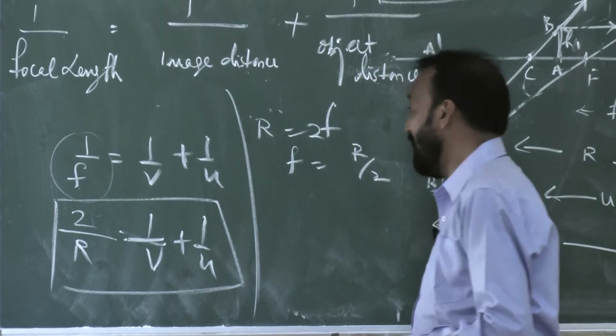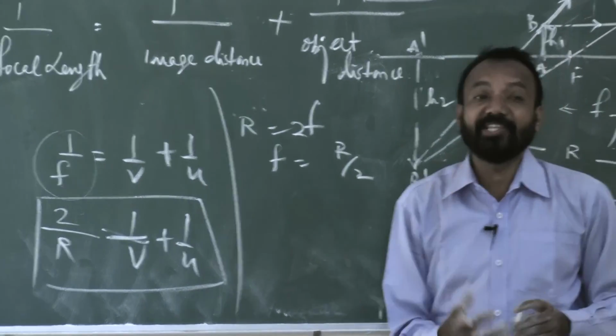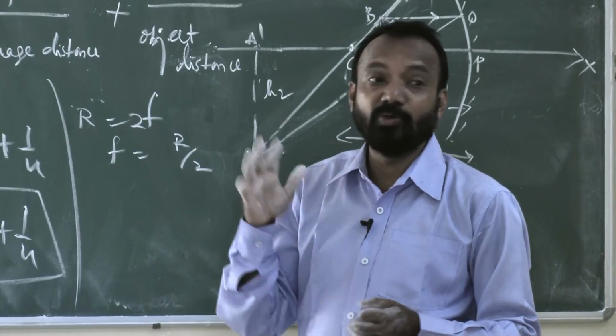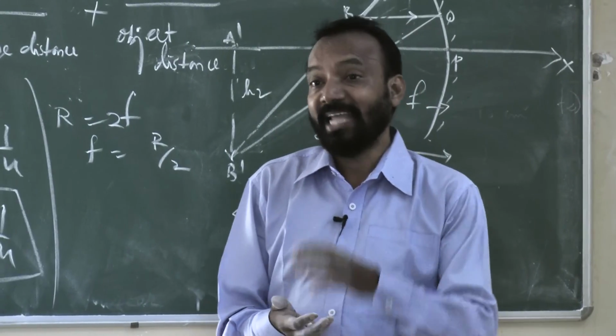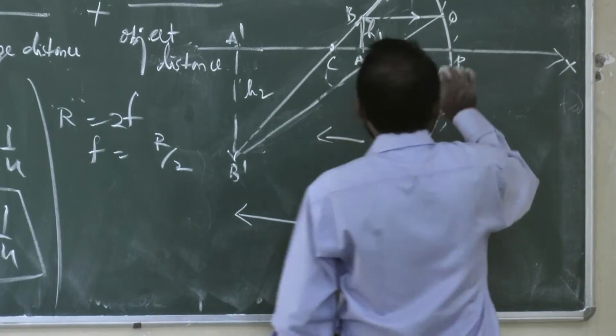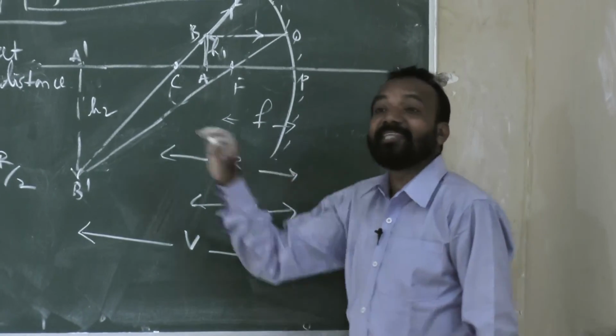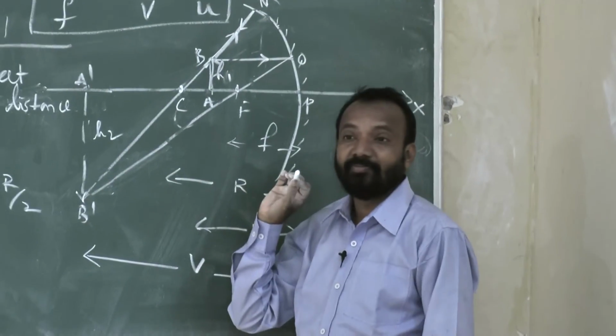Next class I will teach you magnification and the sign convention. Sign convention means how to measure the image distance, object distance, size of the object and size of the image.